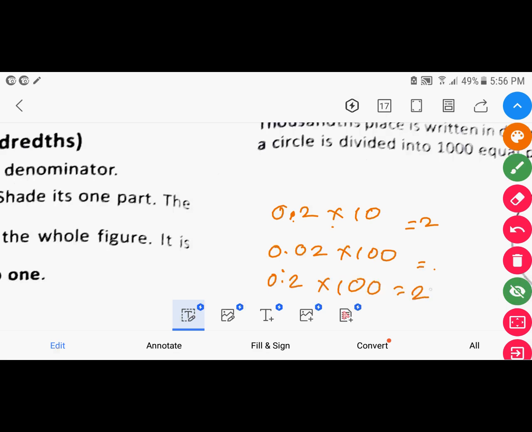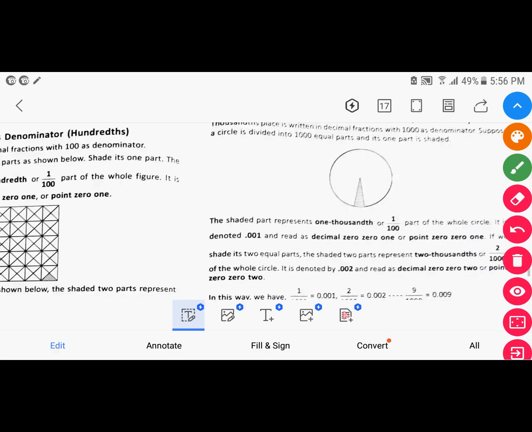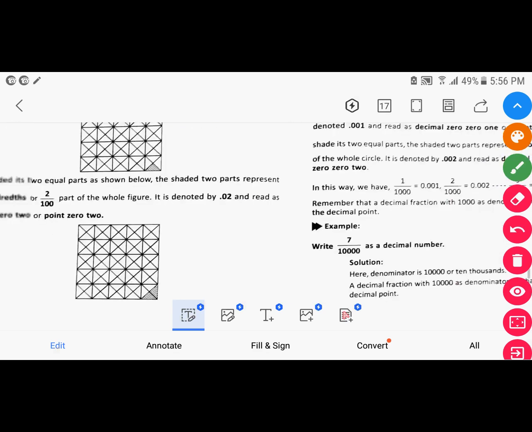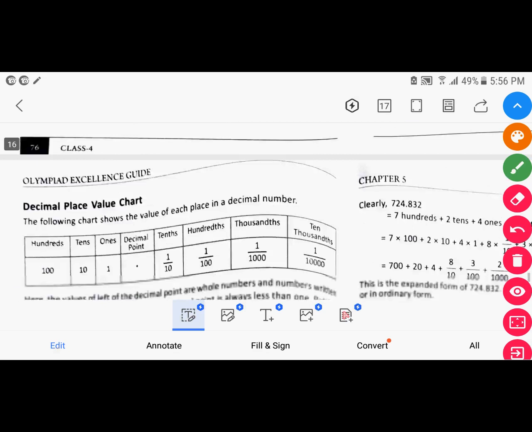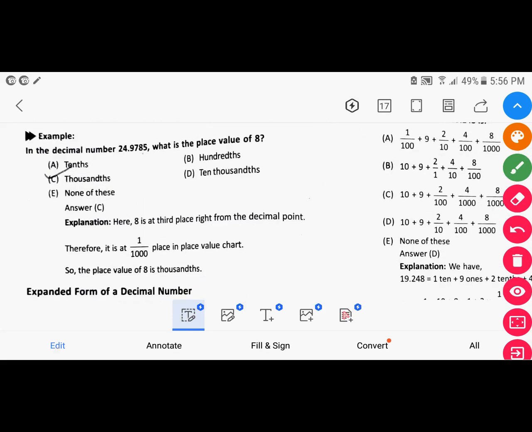So 1 digit is 2, add 1 zero and give the point, meaning its value is 20. Okay, like this you have to go. The same thing is given here. I will not waste my time on solving it.